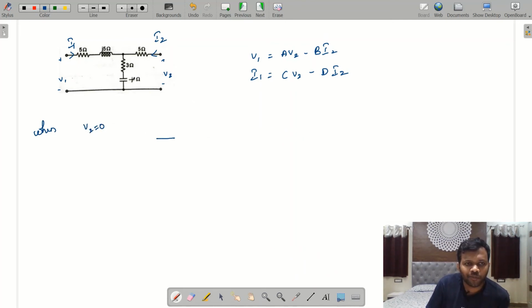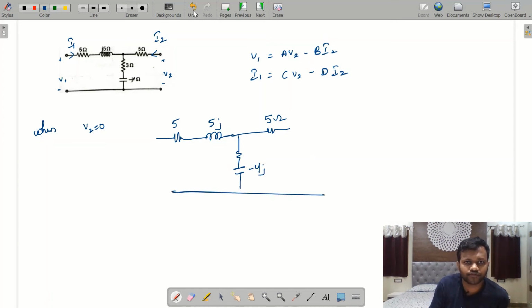So how will my circuit look now? 5j, 5 ohms, minus 4j. This is my V1, I1, I2.